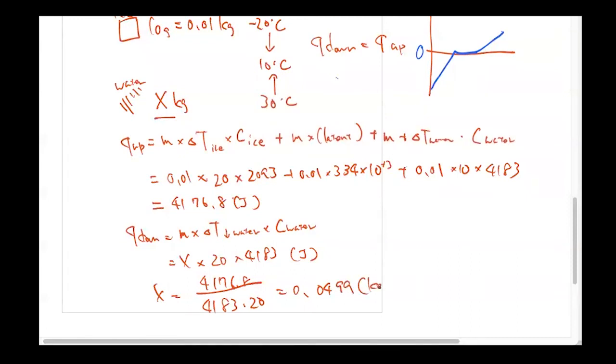And this we use here as a standard unit. So this is going to be kilogram. And if you want to convert this to gram, this is going to be 49.9 gram.